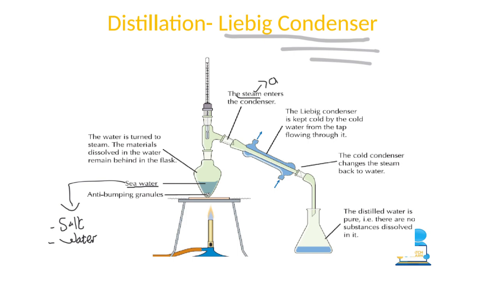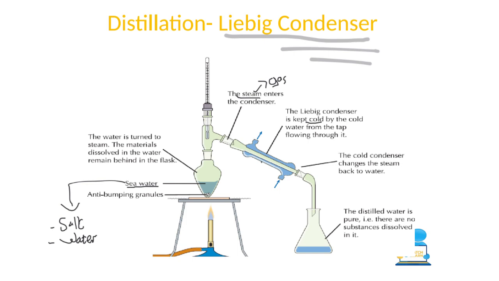And remember what we describe condensation as, or condenser as. It's the changing of a gas into a liquid. So the gas will move down the Liebig condenser, and the Liebig condenser is kept cold. So when a gas hits a cold surface, it will change back into a liquid.